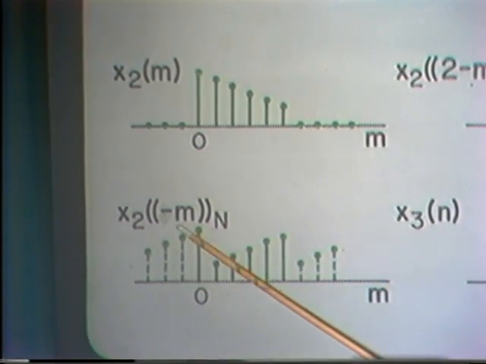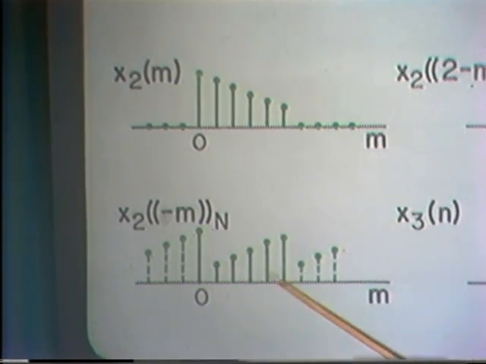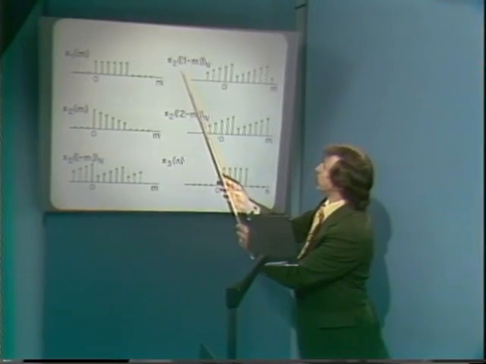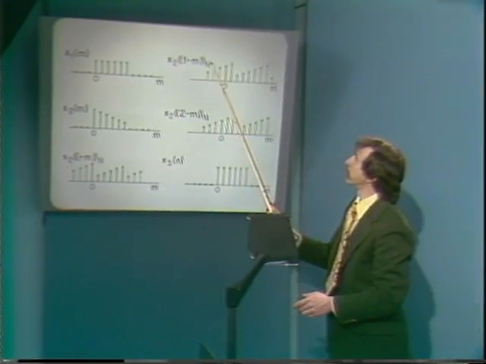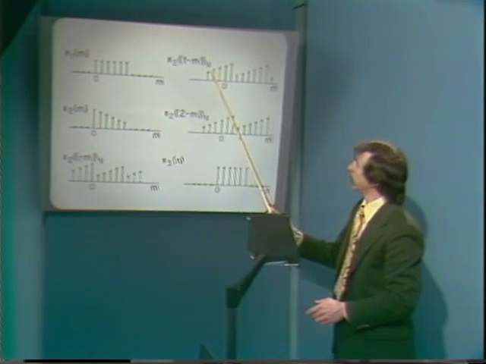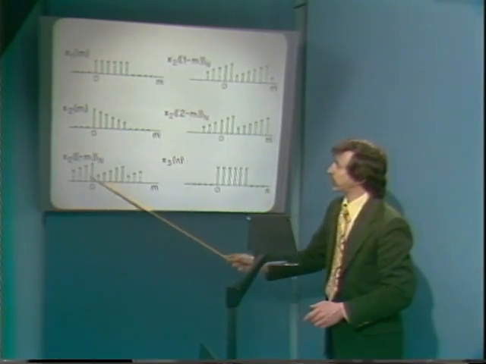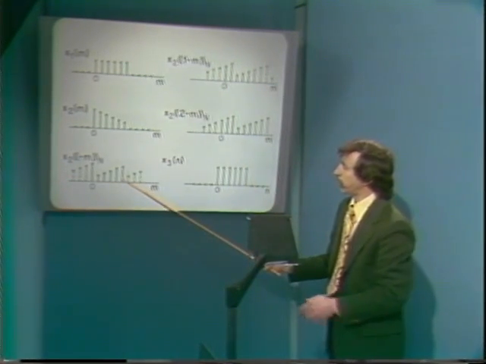All right, well, now as we change n, if this is generally n minus m, that corresponds to a shift left or right of this sequence. And if, let's say, we look at x2 of 1 minus m modulo capital N, that corresponds to shifting this sequence to the right by 1 point.